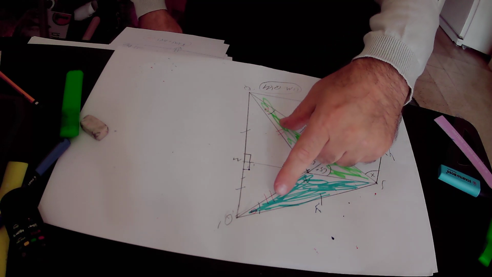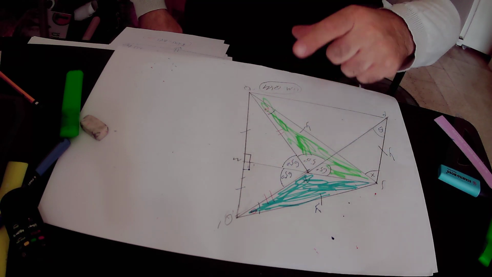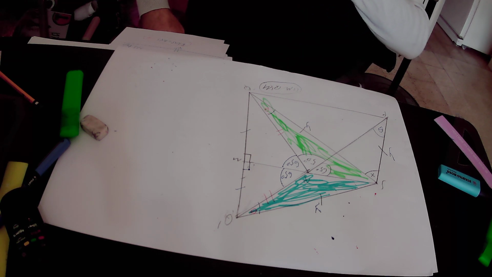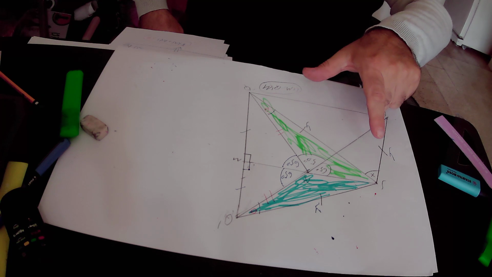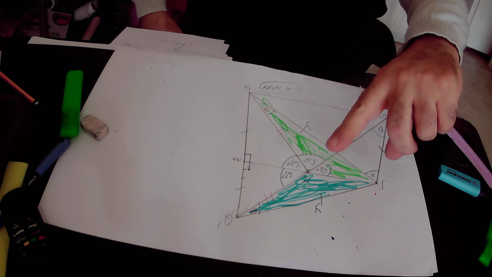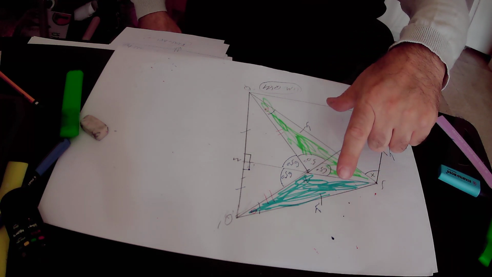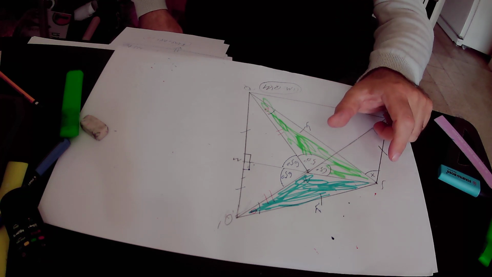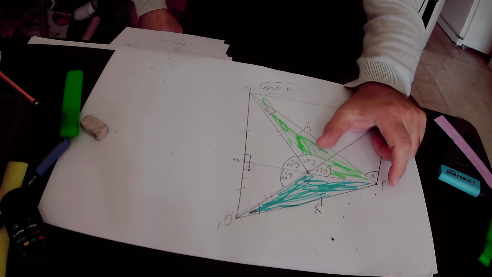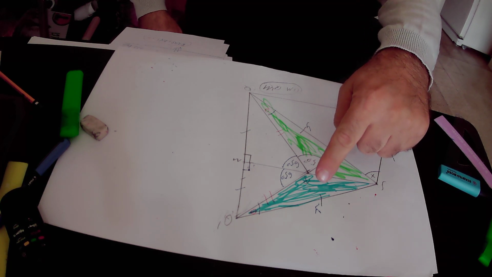We have already proved that those two sides are equal to each other, and we also proved that QS is equal to Q dash S. They are both equal to y, and we have a common side. SR belongs to both triangles, both the green triangle and the blue triangle.